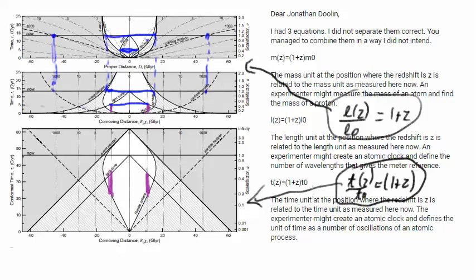Now my feeling is, if this is actually intended to express a model of the universe, then one of these pictures should be the Euclidean space and the time that we actually measure.